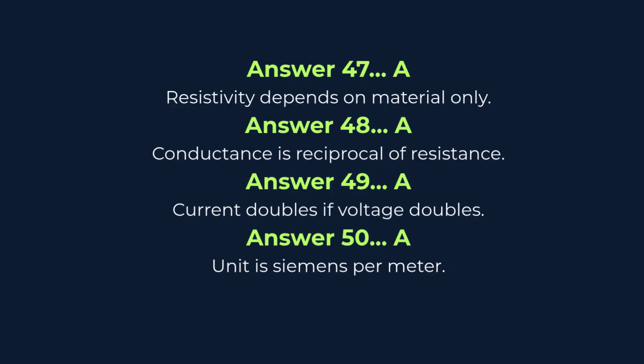Answer 48. A. Conductance is reciprocal of resistance. Answer 49. A. Current doubles if voltage doubles. Answer 50. A. Unit is Siemens per meter.